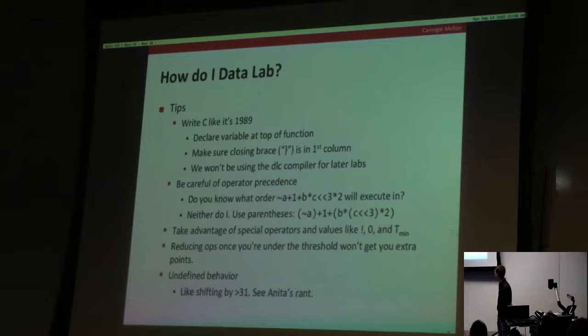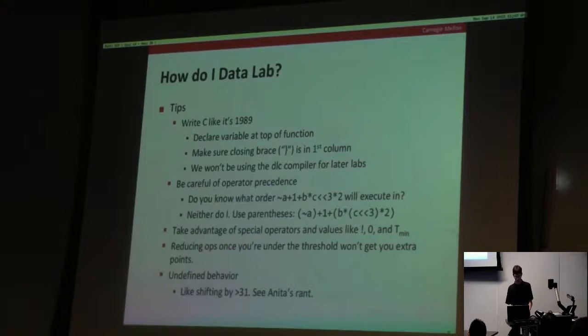I think the unary negation binds the tightest, and then times, and then plus, and then the bitwise shift. But maybe I'm wrong, and so use parentheses. They're free. You don't have a limit on the parentheses. It'll help you out so that you're not making mistakes by writing something down that is different than what you thought you wrote.